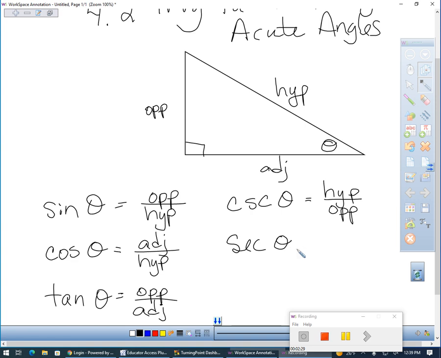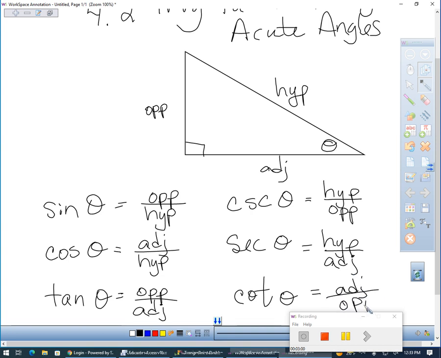That makes me feel better. All right. So secant is the opposite of cosine, or hypotenuse over adjacent. And the bottom one, the opposite of tangent, is what we call cotangent of theta, which is going to be adjacent over opposite. So once you've solved your triangle, you can find any of those ratios.